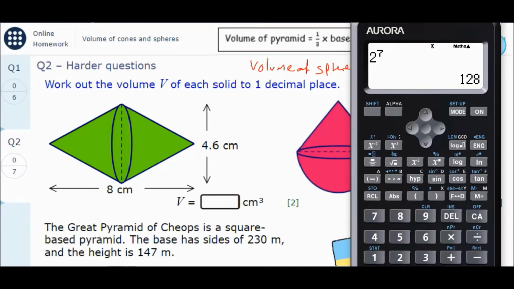Okay, part 2 of the My Maths for the harder questions based on volumes of pyramids or cones or spheres. It gives me 2 compound shapes. You can see from the first one, the green one on the left hand side, that it is 2 cones that are joined at the base.